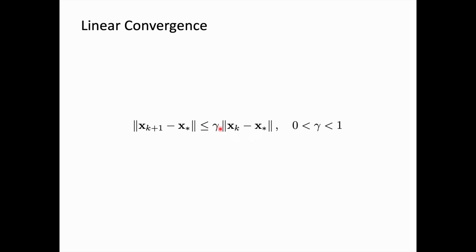And if we can find a value of gamma such that this inequality constraint is satisfied for all of the values xk in the sequence, then we can say that we have an algorithm with linear convergence. We can test this empirically.